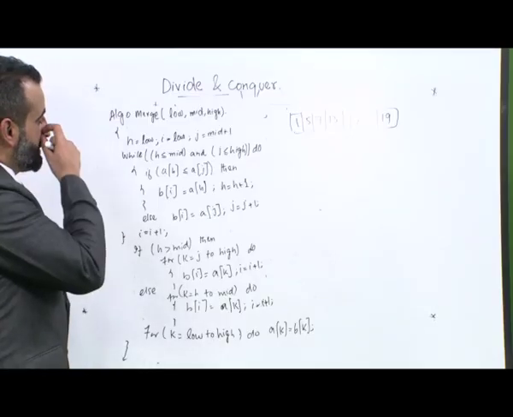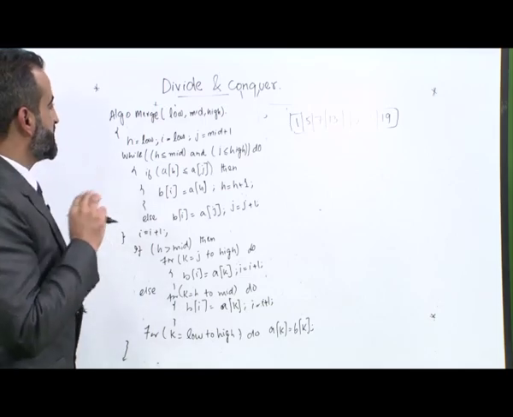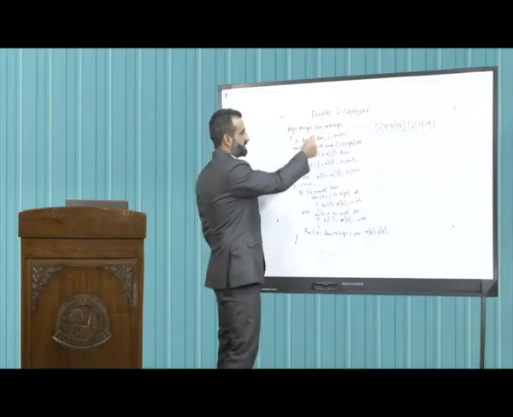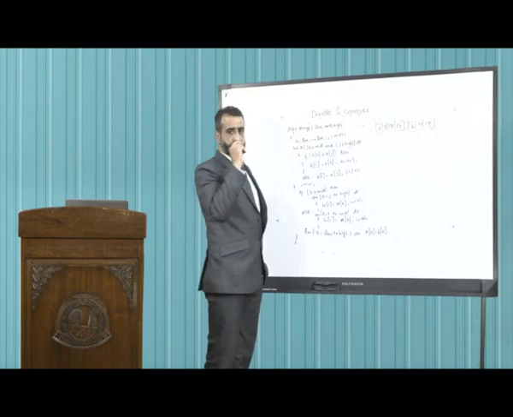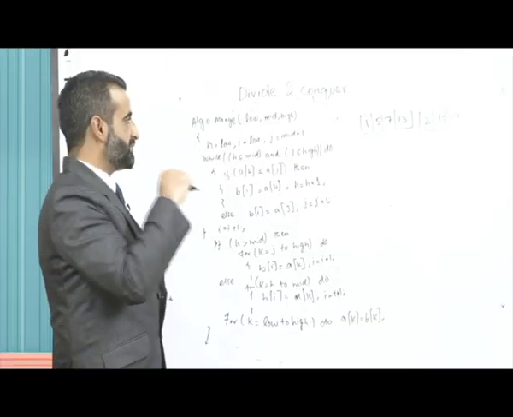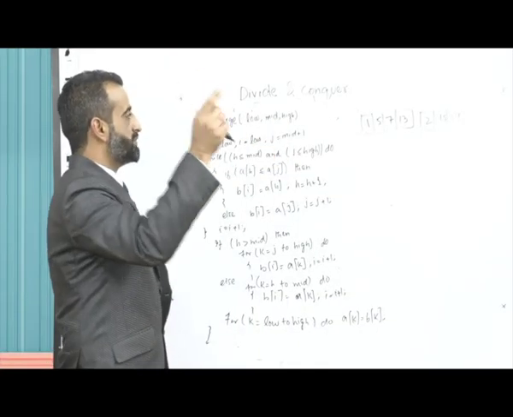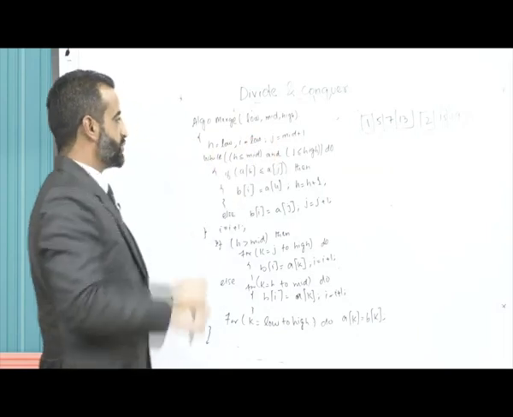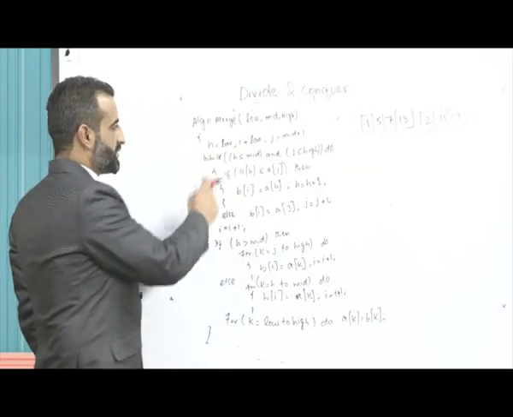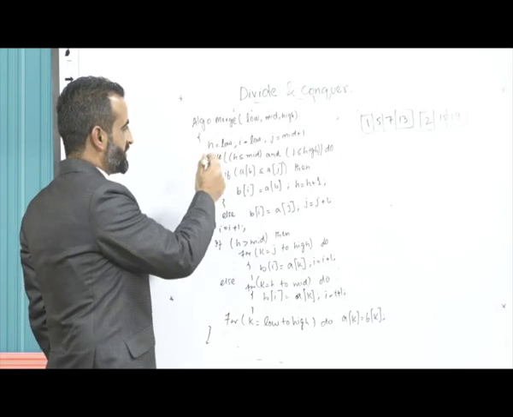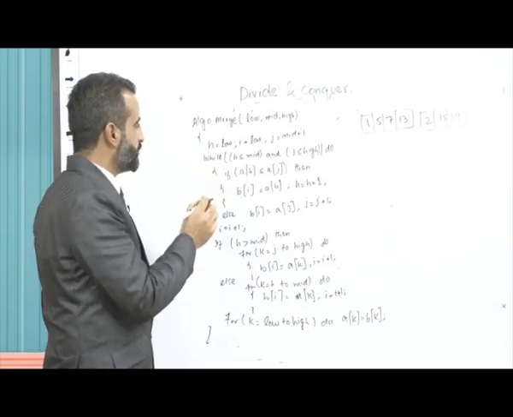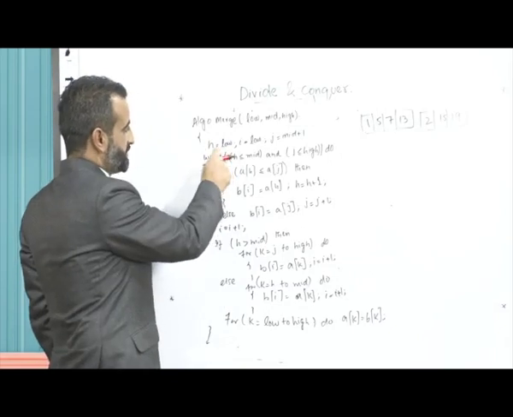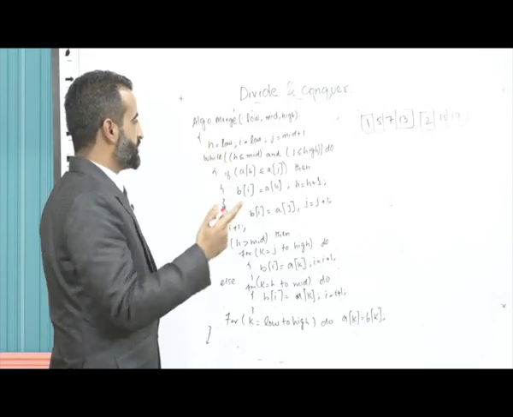The algorithm here takes into consideration 3 different indices. There is a low that will point towards the lowest possible element, the first element. High will point towards the last element, and the mid that we will compute. I'm making use of some pointers here. We have a pointer that I'm primarily using in some loops. H is pointing towards the same thing which low is pointing towards.